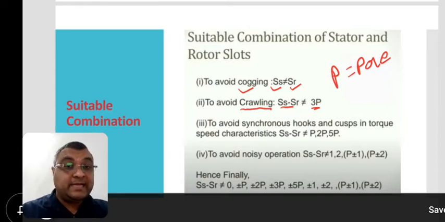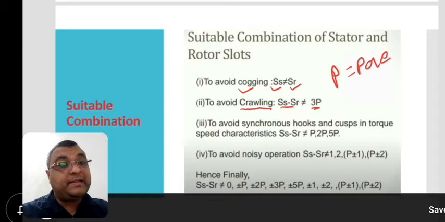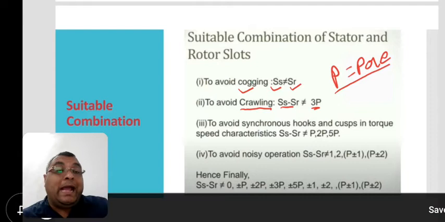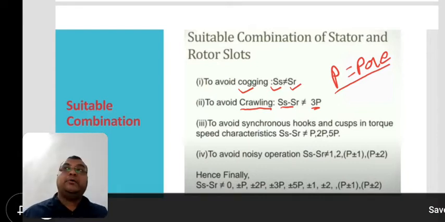Okay, and as we know, P is equal to the pole. Those conditions are very important in relation to the design of a three-phase induction motor, and this question is also asked in examinations.